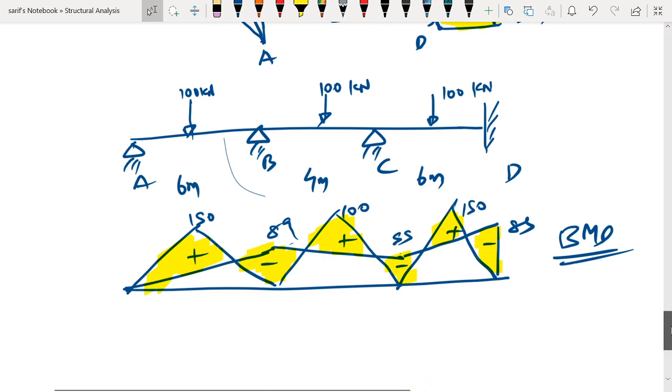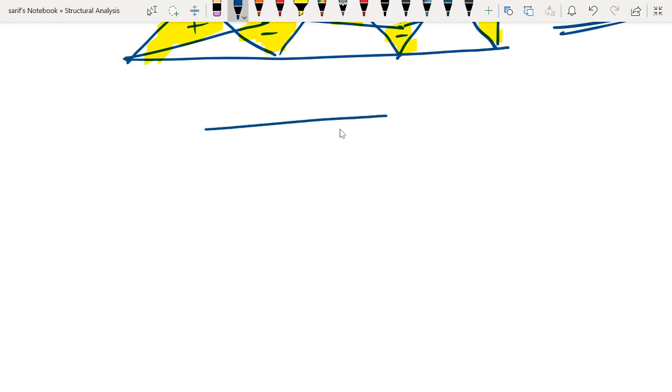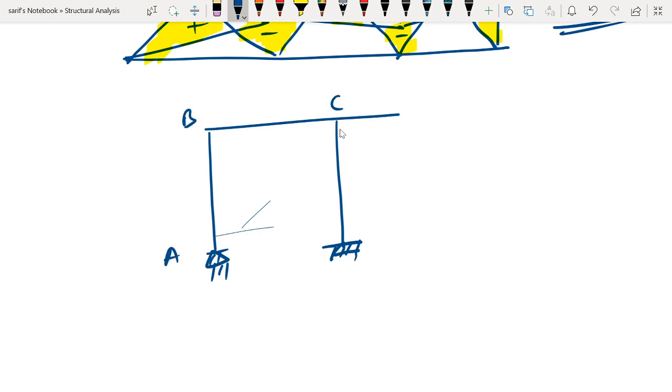Now what we will do is we will discuss one more problem, a slight variation of the same. Now here the problem that we are going to consider is the loading, everything is almost the same.